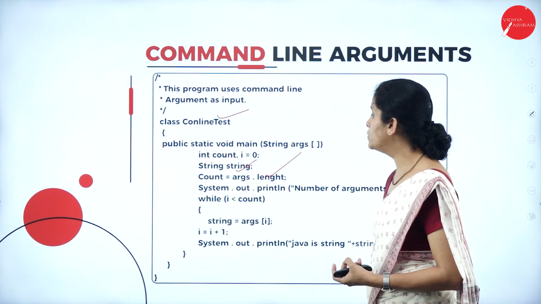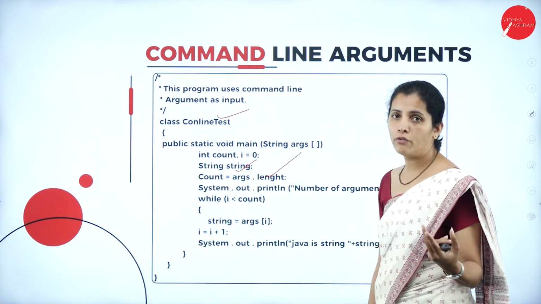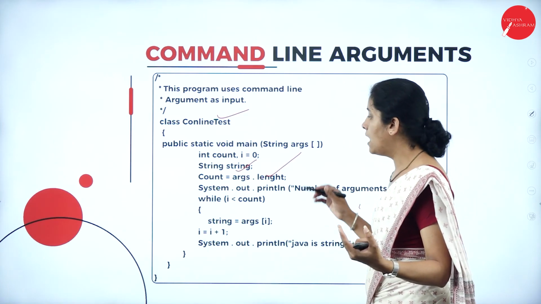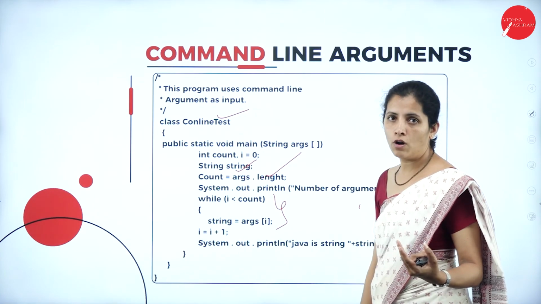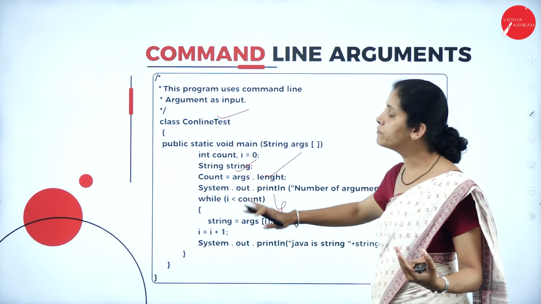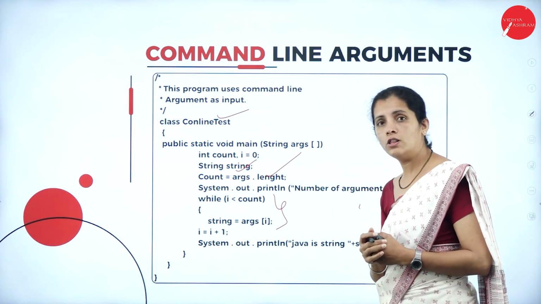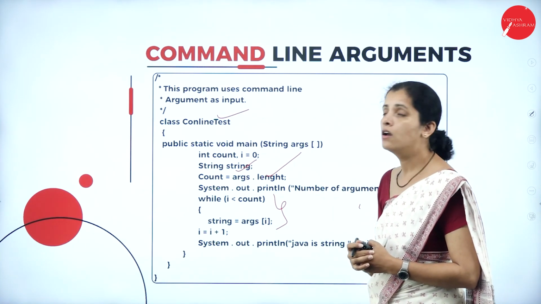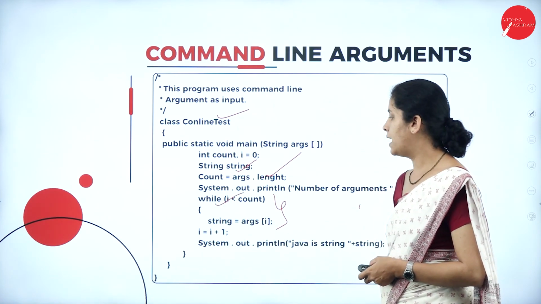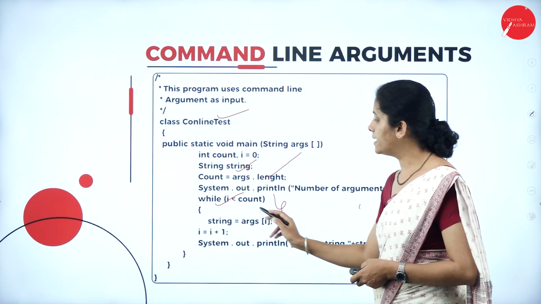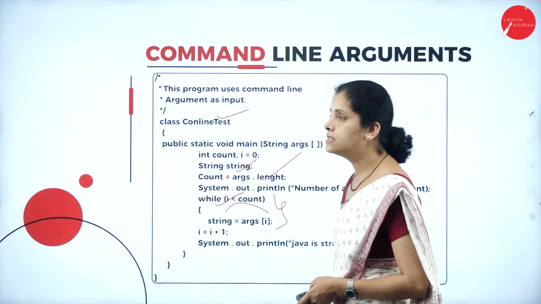Now I'm going to display the message of the total number of arguments present, and I'm going to use a while loop, because here I'm going to have more than one argument and I want to display all the arguments one by one. For that I'm going to use the while loop, assign each argument to the string, and print the string.